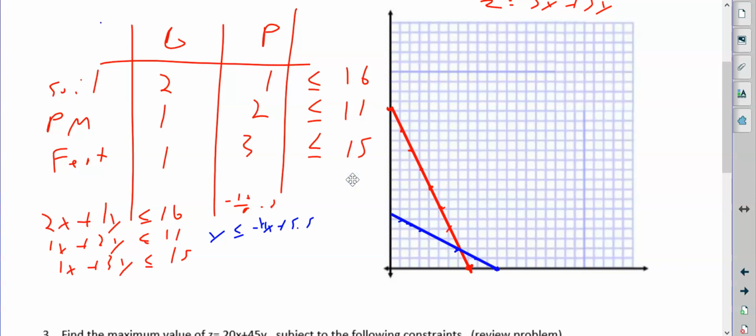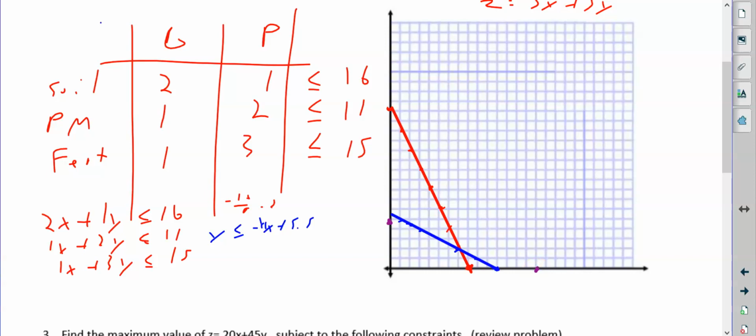Okay? And last but not least, if I cover up x, y is 5. So that's going to be right underneath here at 5. And x is going to be 15. So 11, 12, 13, 14, 15.